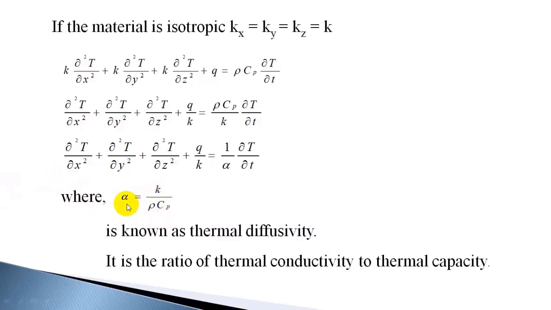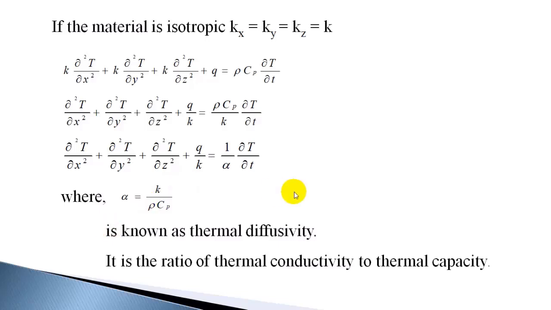So for better thermal diffusivity, you should have a very good thermal conductivity and a low value of rho Cp. The material should not store the heat. Thermal capacity should be low. It should permit the heat flow without storing the heat.